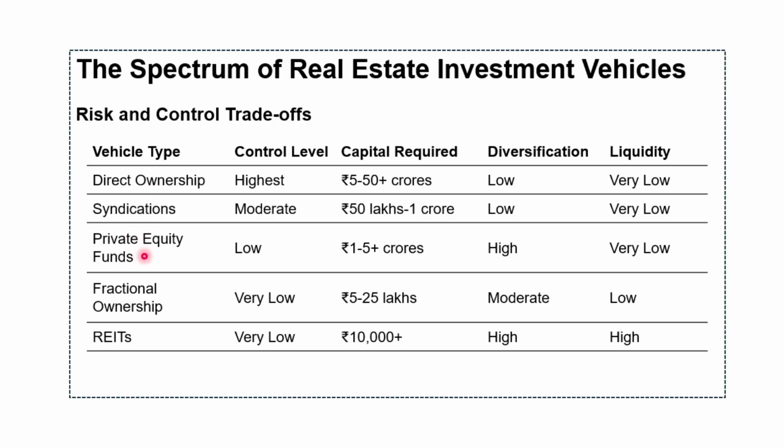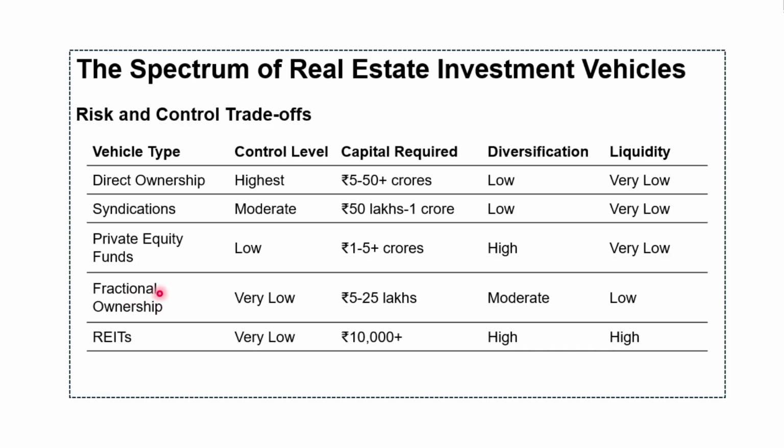Then we have private equity funds, PE funds. Their control level is low, and the capital requirement is 1 to 5 plus crores. Diversification is high, and liquidity is very low.